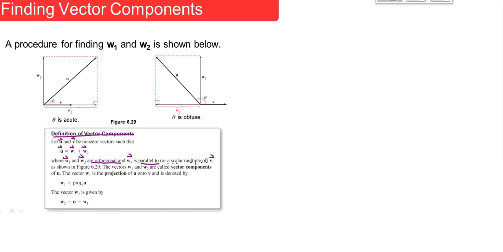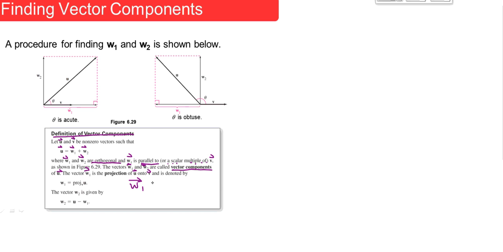Then the other thing is the vectors w1 and w2 are called the vector components of vector u. They're the components because if we add w1 and w2, we get that u. And also, this is a little interesting. The vector w1 is the projection of vector u onto v, and I'm going to rewrite that right here.